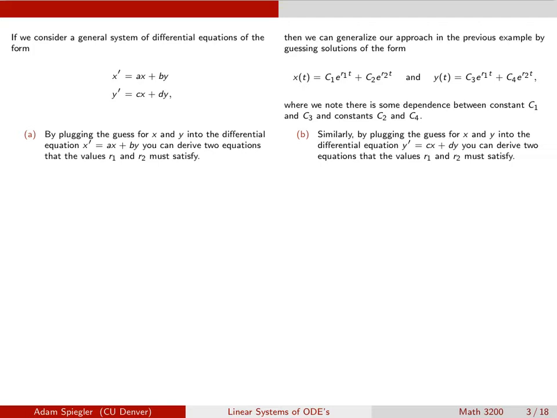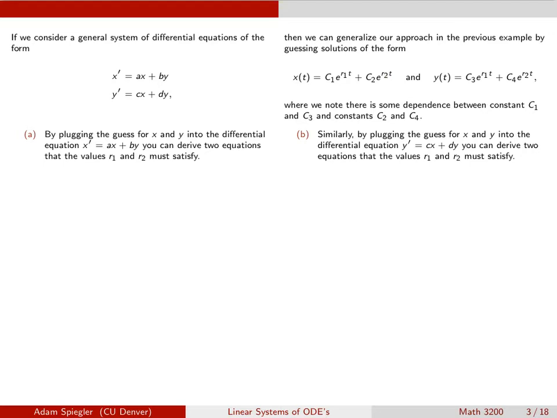And what we saw in the previous example is that there is some codependence on the arbitrary constants in one of our solutions with the arbitrary constants in the other, because those two populations are interacting with each other. And what I'd like to do is figure out what are the conditions that these powers r1 and r2 need to satisfy.